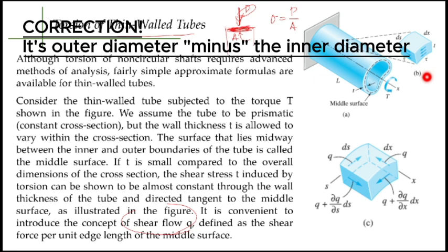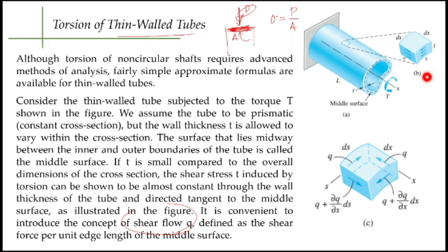Okay? But the words outer surface or inner surface are used because it is not always circular. Later on, we'll encounter certain shapes that are being used. So for these examples under thin-walled tubes, there are a lot of different scenarios. There are different figures that are being used for problems under thin-walled tubes.